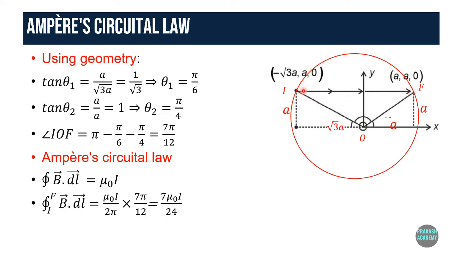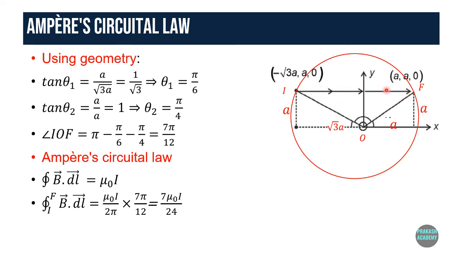Now, if you consider this loop from here to here and then from here to here, this loop does not contain any current. This means the integral of B dot dl, which is mu naught I enclosed, will be 0. This means B dot dl due to this part will be equal to B dot dl due to this part. The only thing is, there will be a negative sign, but in the question we have to only give the magnitude.